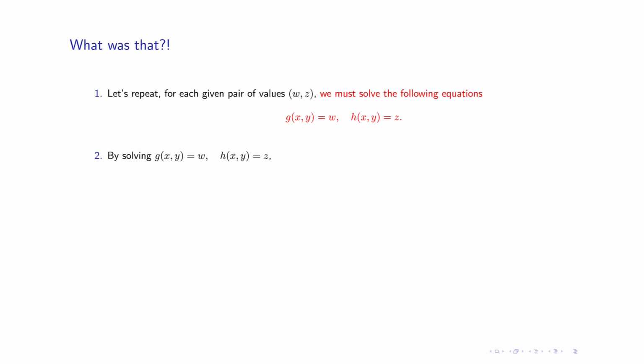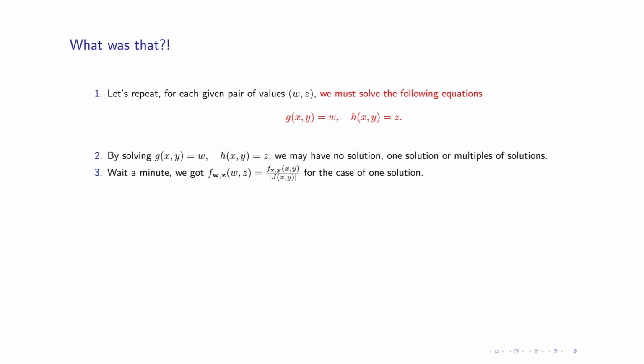Once we solve these two equations, we get the expressions for X and Y. When you get this expression, you may get no solution at all. Then the joint PDF of the output is 0. If you get one solution, we have the expression, and so on. So we may get one solution, no solution, or multiple solutions.